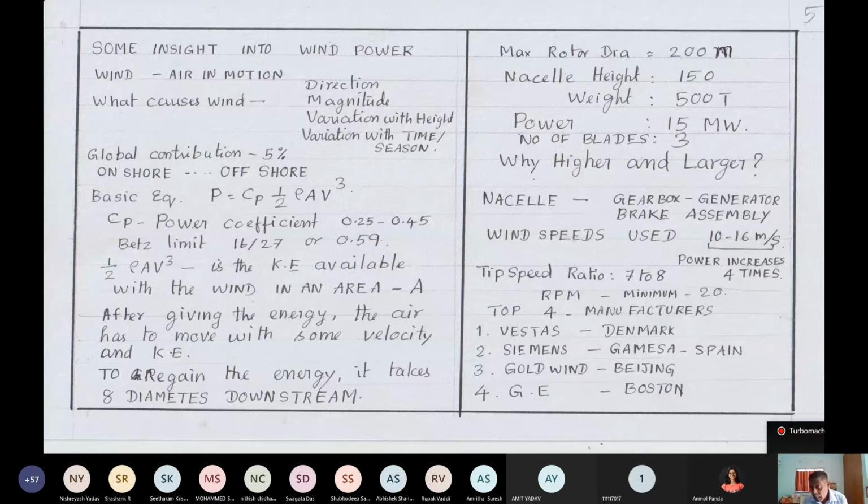Another thing is, the power is proportional to the third power of velocity. So between 10 and 16, the power will increase 4 times. Can you guess how I got this 4?